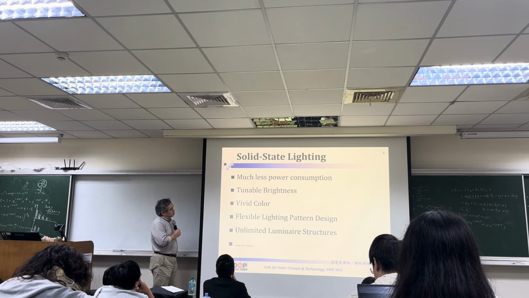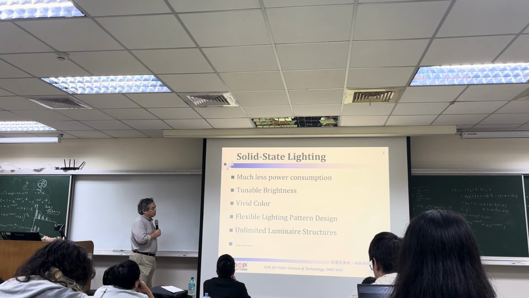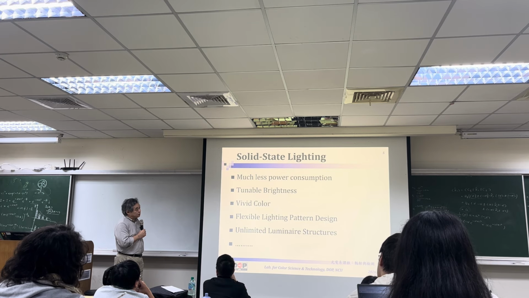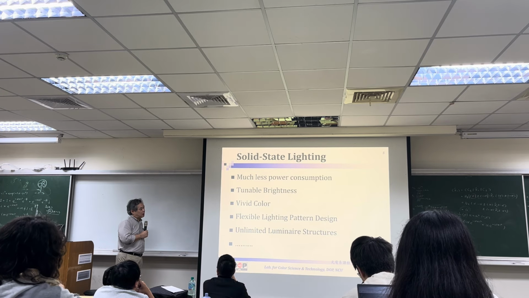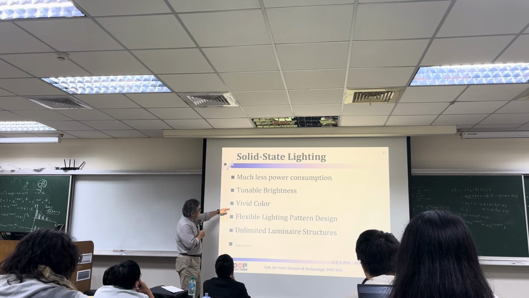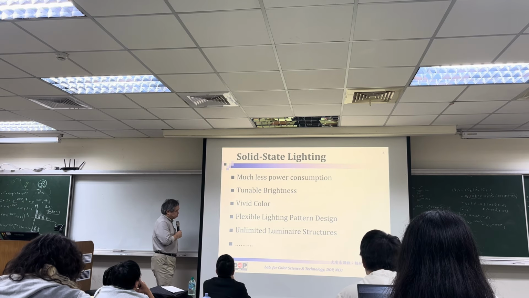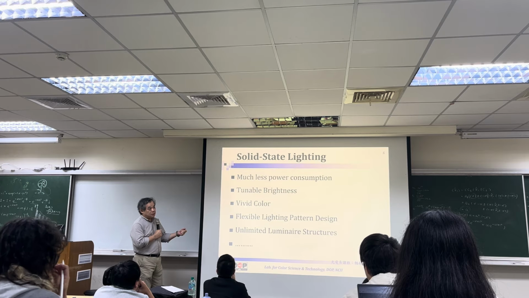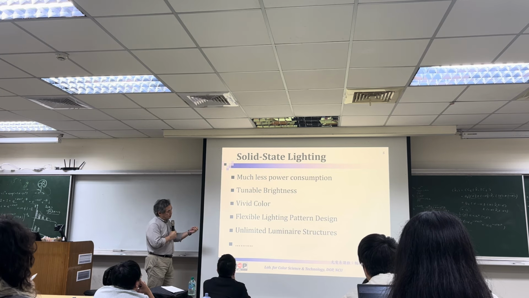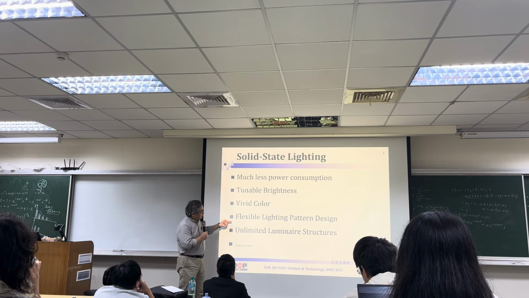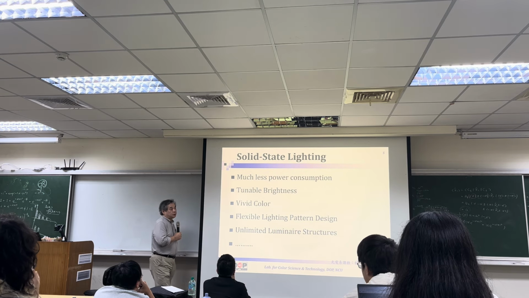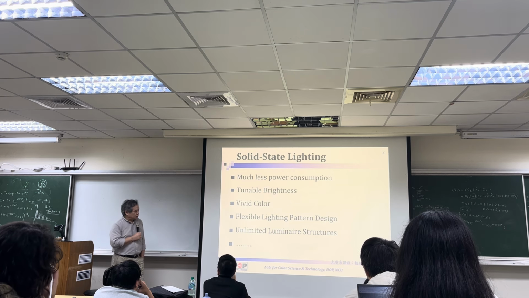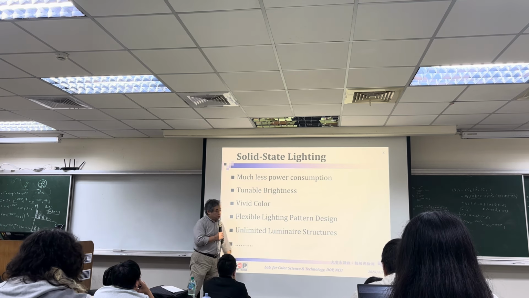So a narrowband spectrum means more saturated color. So it is easy to have vivid colors from the light source. And because the volume and size of the light source become very small, we can be more flexible in the light pattern design and also the luminaire structure.